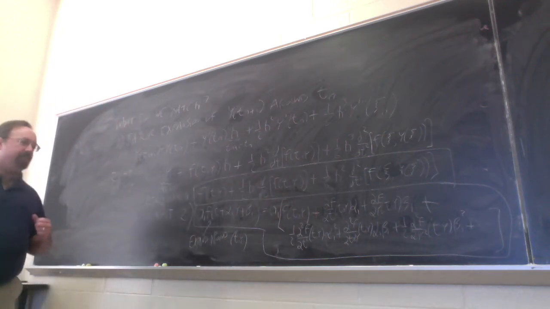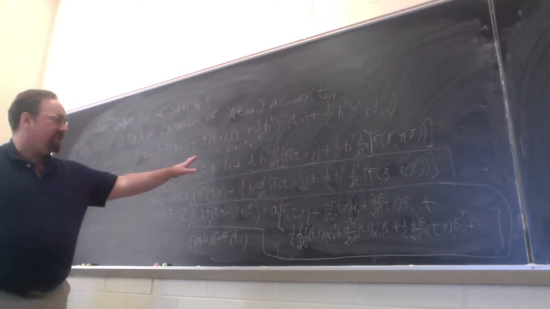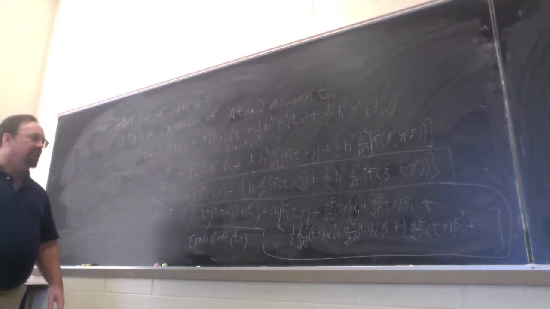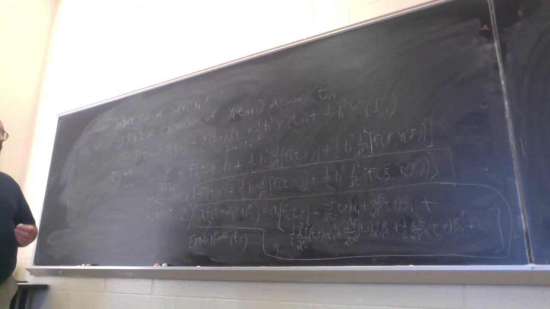But before we go any further, can anyone tell me, if you see what's boxed here, what we're supposed to be matching up, we have three unknown parameters, a1, alpha 1, beta 1. Can anyone tell me if there's anything we can match already? F of t, y. All right.